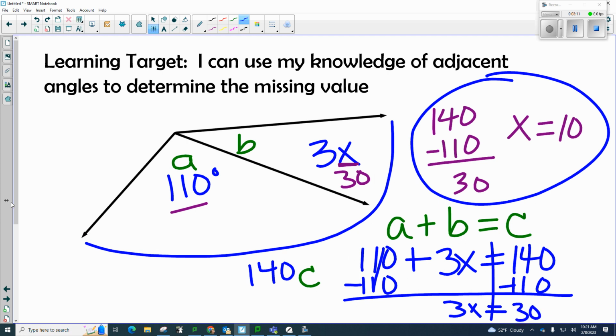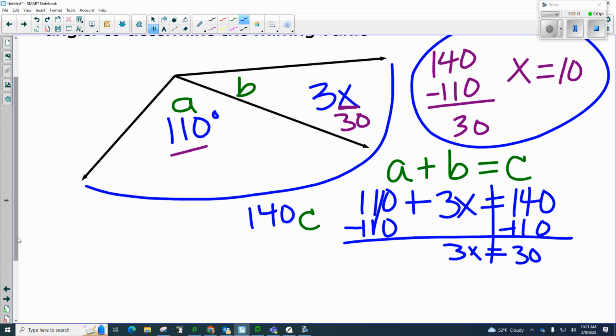I'm going to move this down just a bit. And then we divide both sides by 3 and we get x equals 10. Okay, so we just figured out the answer, and we got the same thing by solving the equation as we did just by thinking it through.